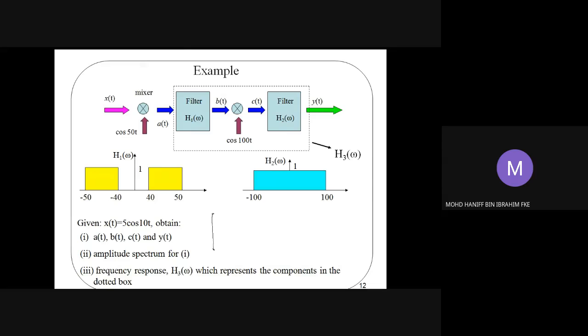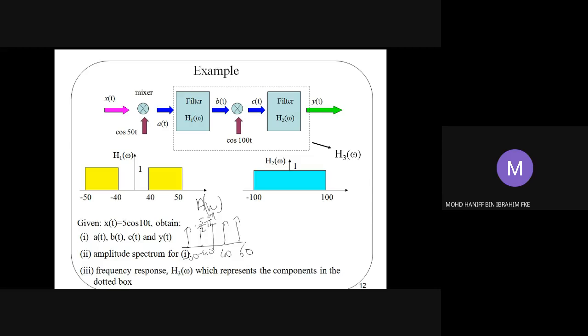Your A(ω) will have 4 impulses, located at 40, 60, negative 40, and negative 60. Those are the impulses with the amplitude of 5 over 2π.